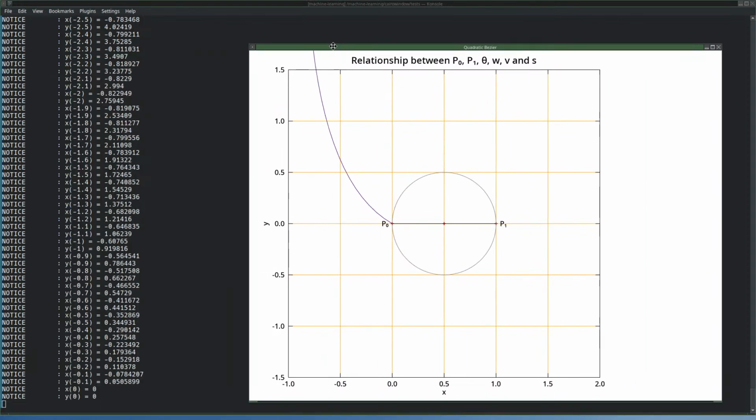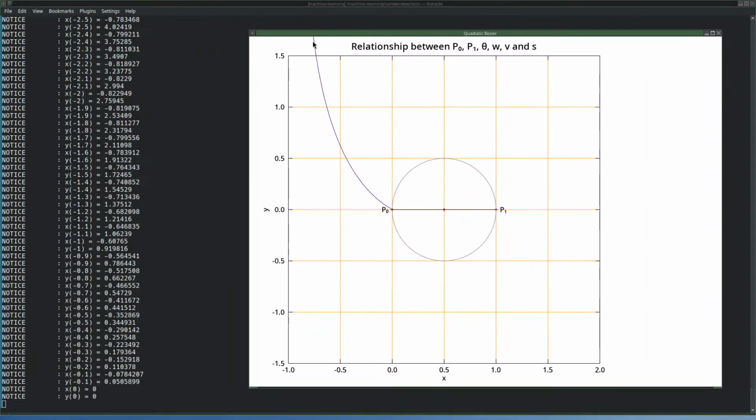There is hardly a vertical point here. Nope, strange.